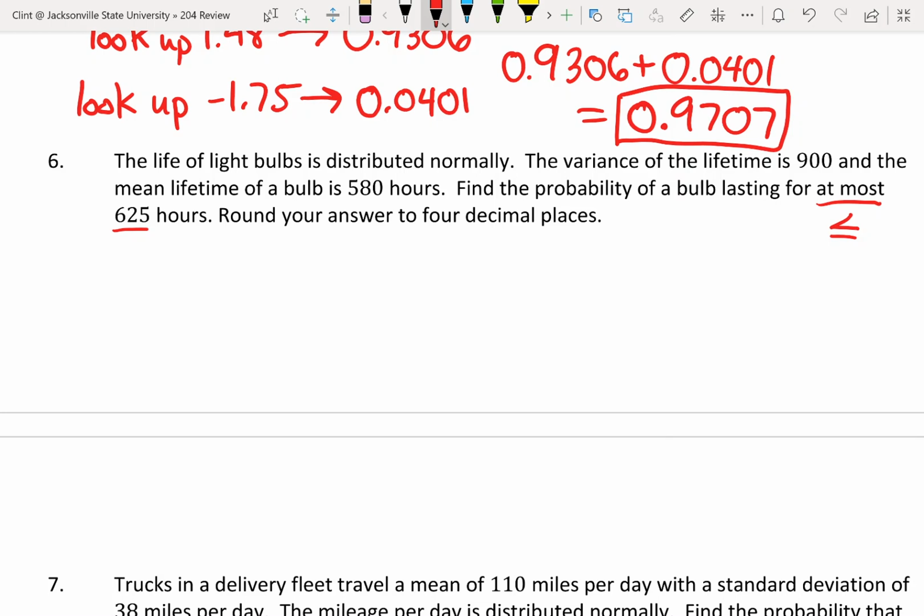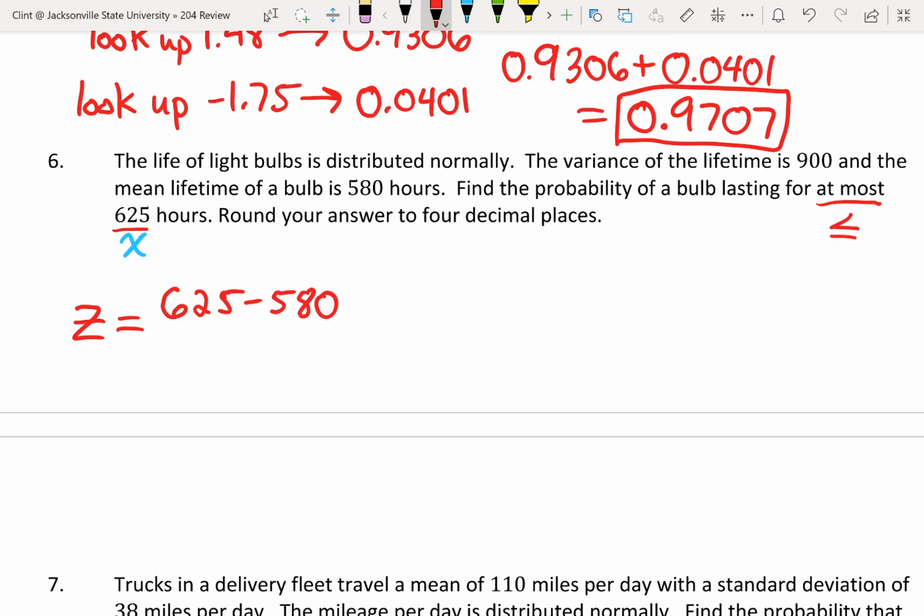All right, so we got it that is distributed normally, so we need a z. So the thing we're going to change to z is the number we want another probability about. So the 625 number is the x that we want to change to a z. Filling into our formula, x minus mu, 625 minus the mean, was 580.